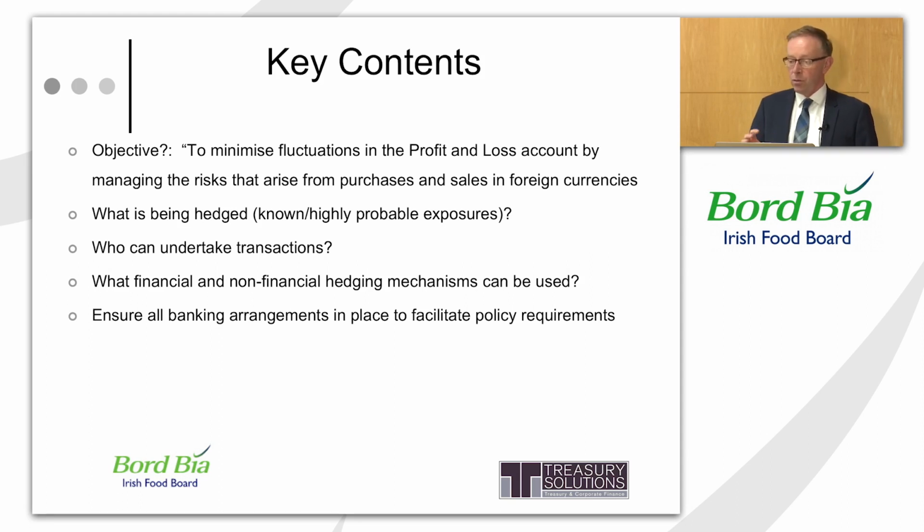So I'll take a view that that can be hedged, or the bulk of it can be hedged. That again is important, because if you try to hedge transactions that don't arise, you also have effectively a speculative position, because you now have a forward contract maybe in place and you've no underlying sale or purchase. So really you're hedging either cast iron sales or purchases or ones that are highly probable.